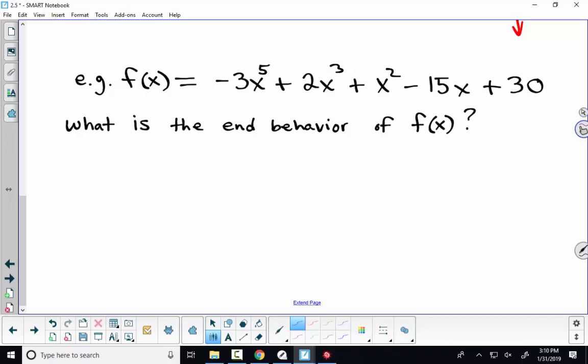And then they might have said something like, draw it. So with that in mind, you said, all right, where's the highest power of x? Here's the highest power of x. This whole thing right there is my leading term.